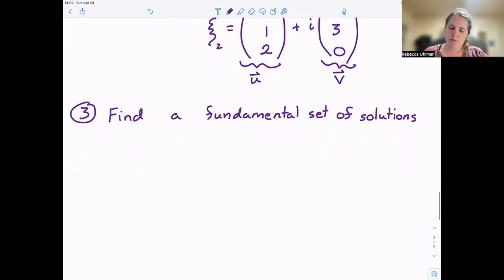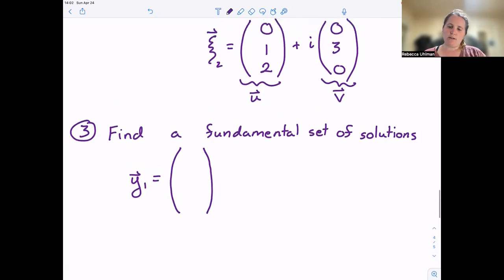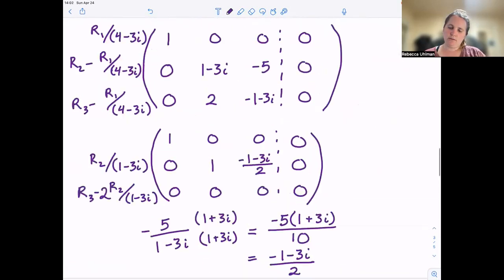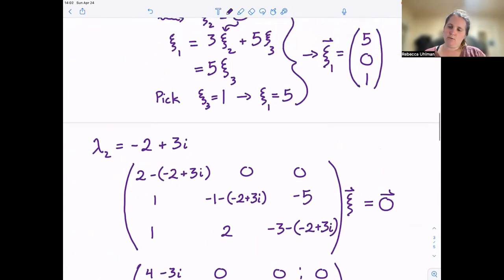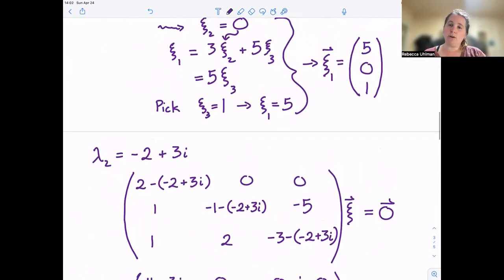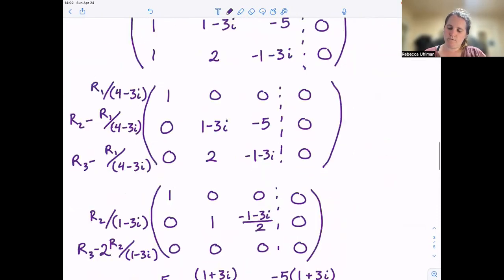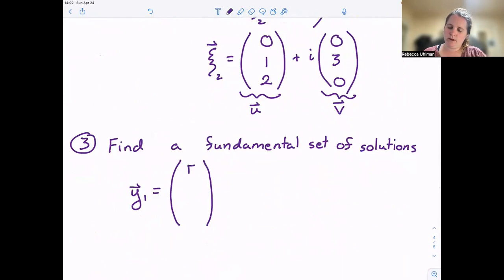So we know our y1 is psi1 times e to the 2t. So our psi1 was 5, 0, 1. So we have 5, 0, 1 times e to the 2t.